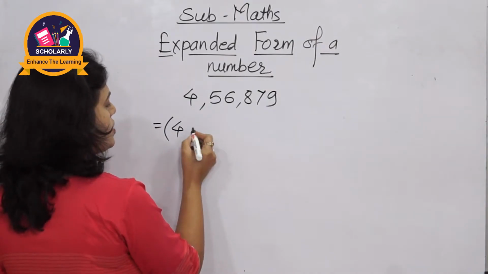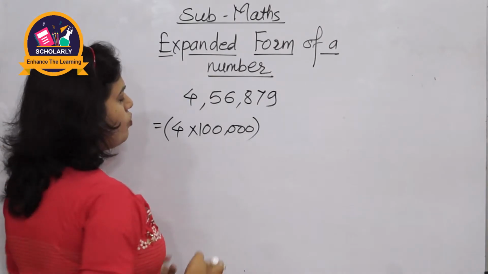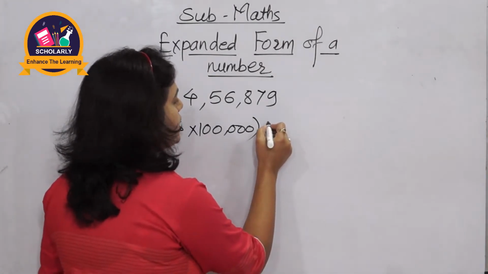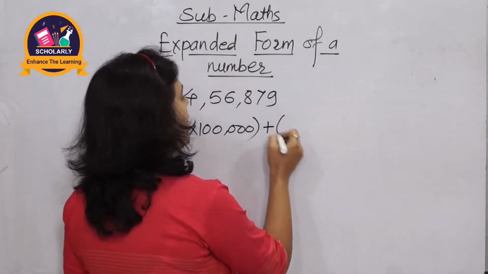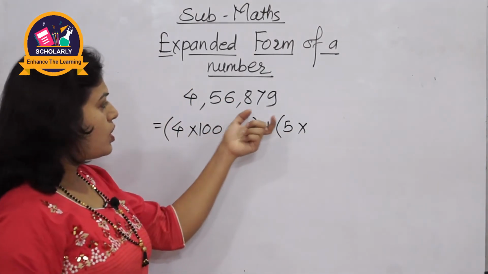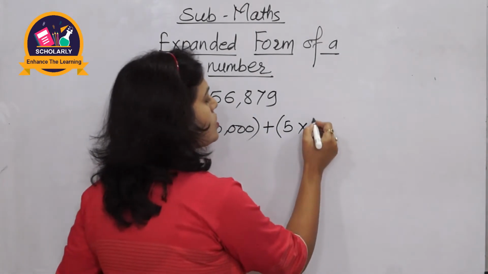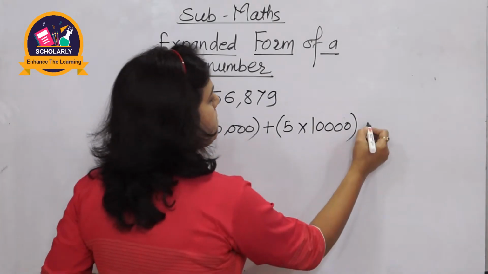So multiply this 4 by 1 lakh. 4 into 1 lakh. Write the sign of addition, that is plus. Again, the second digit is 5. According to the order, 5 is at the 10,000 place. So multiply this 5 by 10,000.